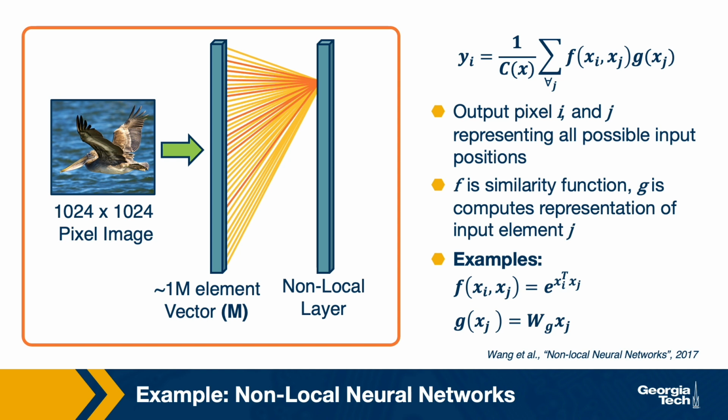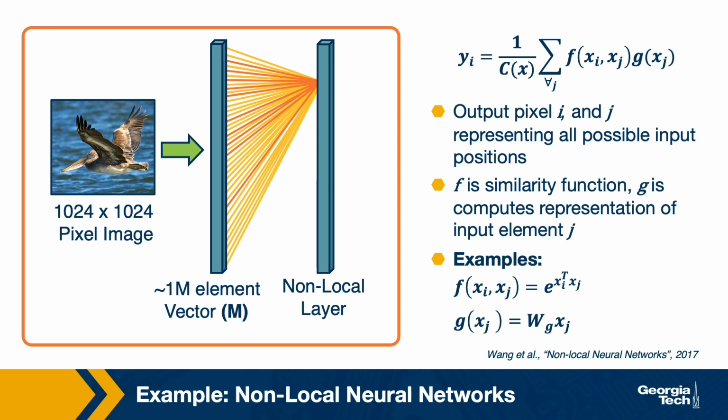So you can see on the lower right some examples for f and g. And again, this can be generalized to many other things. These are just examples. Specifically for f of xi, xj, what we'll have is just a Gaussian around the similarity. In this case, just a dot product. A dot product is just an unnormalized cosine similarity. And so what we're doing is we're saying how similar are xi and xj, and then we're exponentiating it.